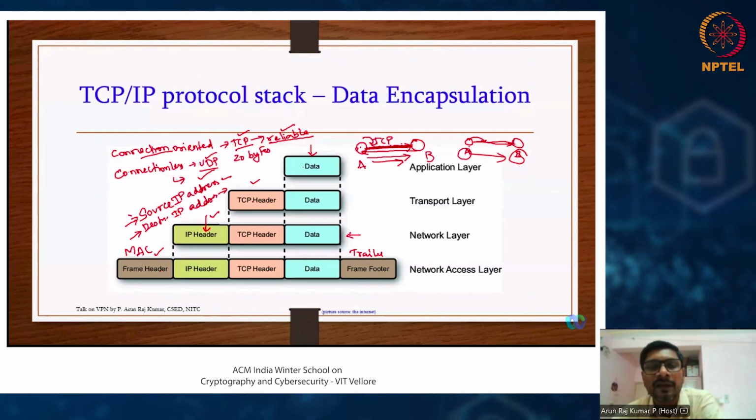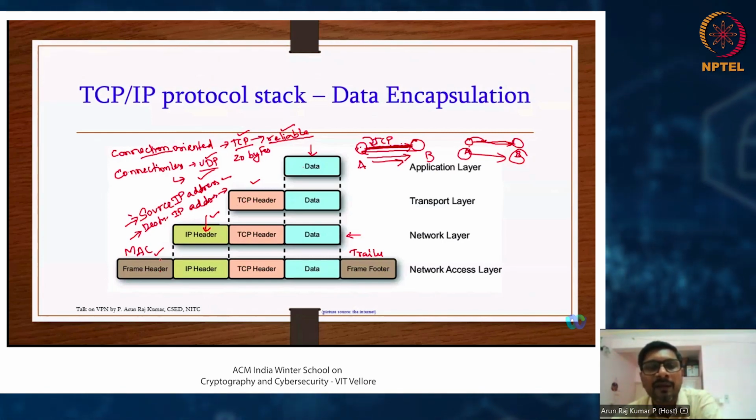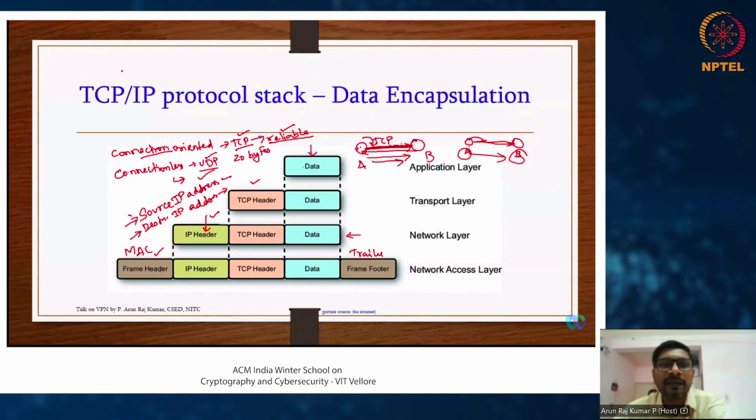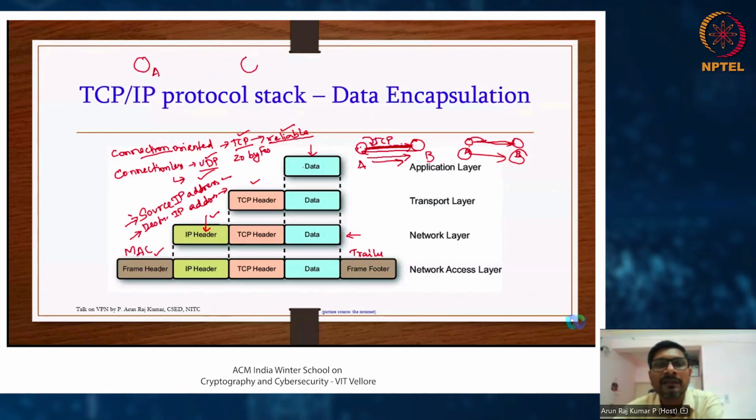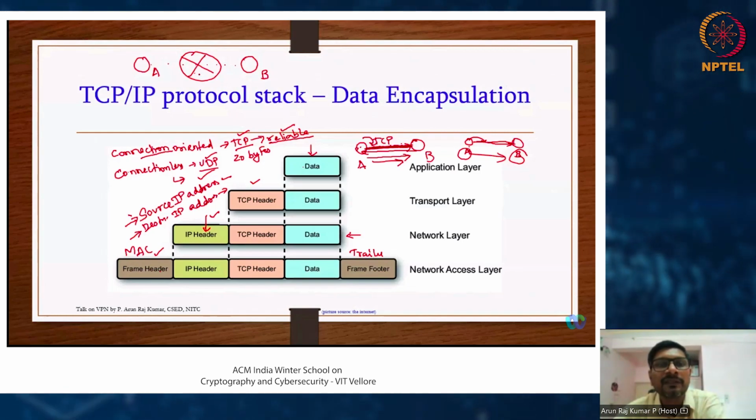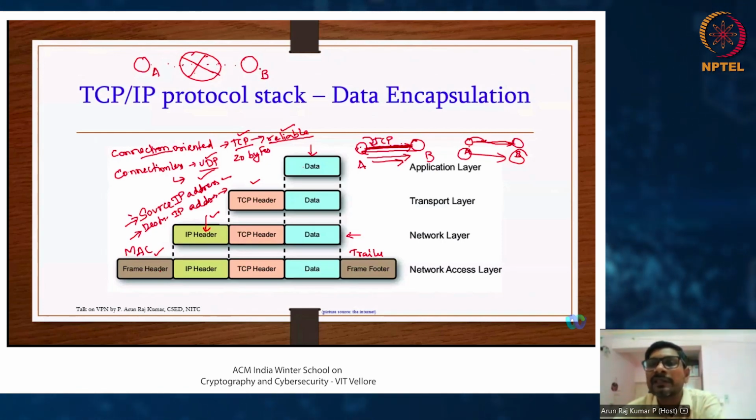So these headers have some information, and this information will help us take this data from one hop to another hop. Because in the practical internet, this is the source A and this is the destination B. Suppose you want to send from A to B, there is an internet here, which is actually the public internet. Inside this, there could be some six to eight routers in between before it reaches the destination.